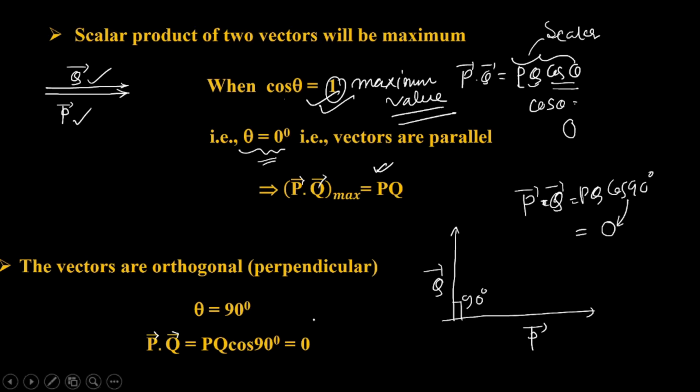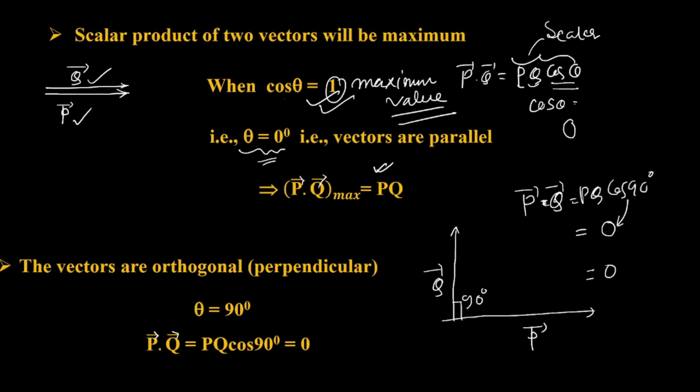Whenever the dot product of any two vectors becomes 0, that means we will say that these two vectors are perpendicular to each other. That means it is also a way to prove whether any two vectors are perpendicular or not.